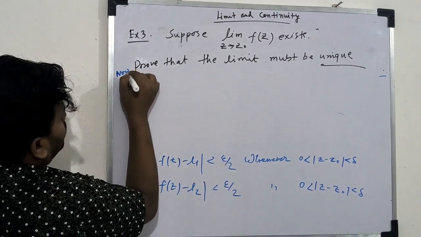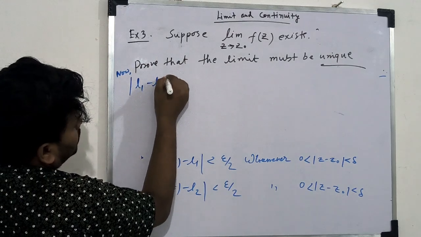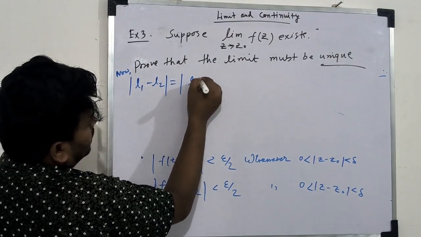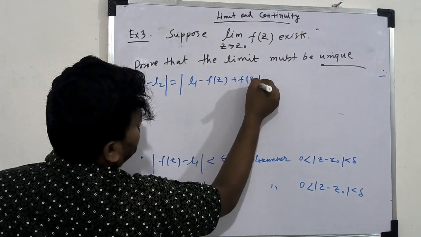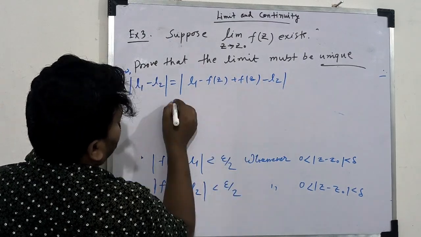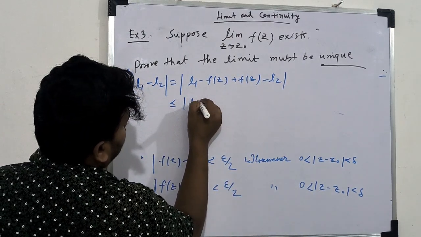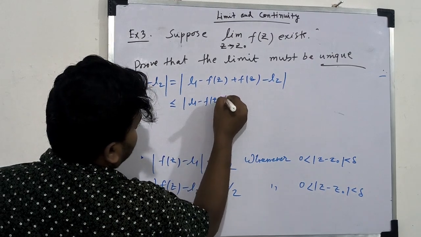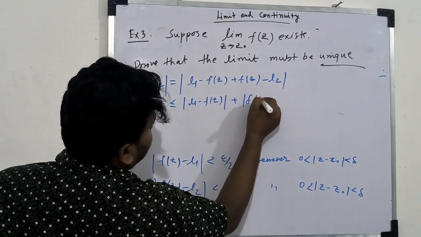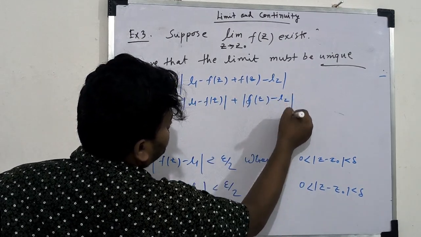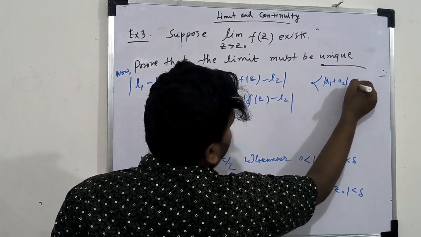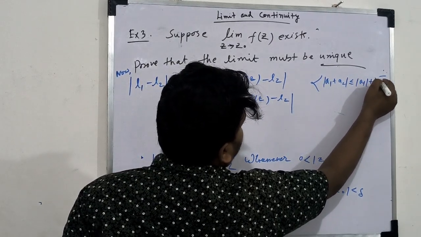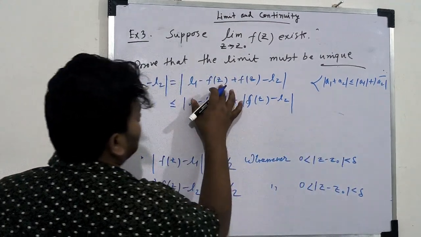Now to find the value of L1 minus L2, this can be written as L1 minus f of z plus f of z minus L2. As we know, modulus of A1 plus A2 is less than or equal to modulus of A1 plus modulus of A2, so we apply this formula here.